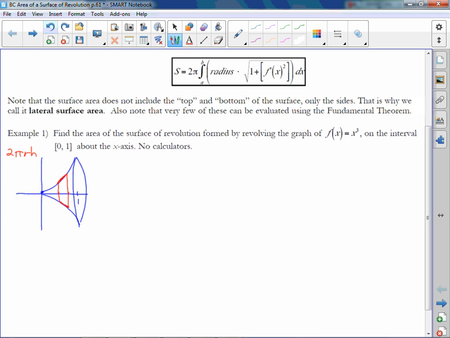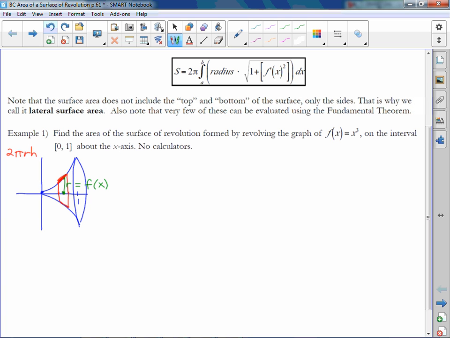Well, the 2 pi part is fine. The radius starts at the center of revolution, goes out to your function, so your radius equals f of x, or y in this case.